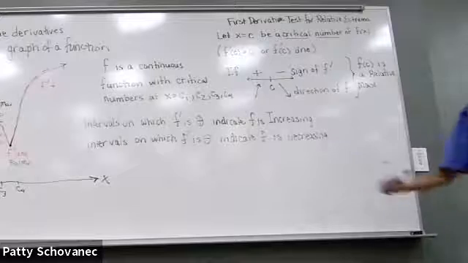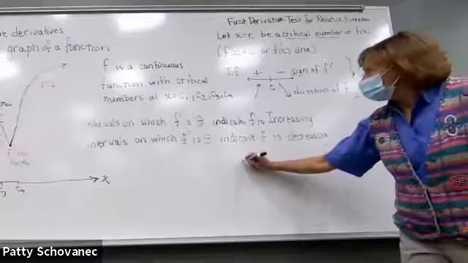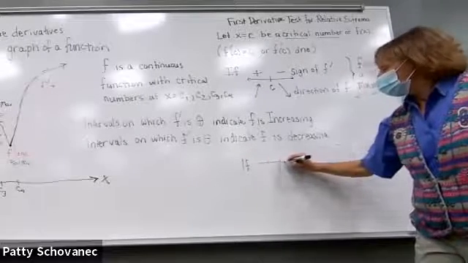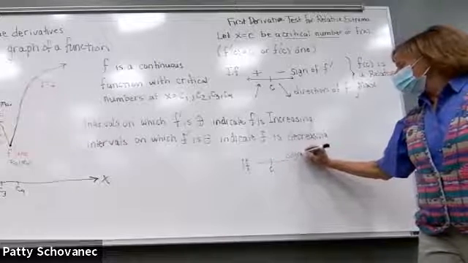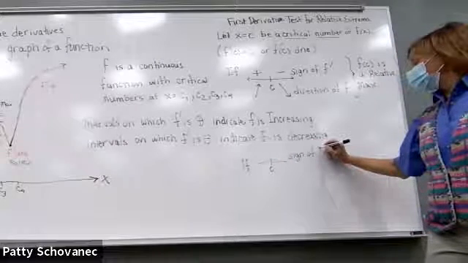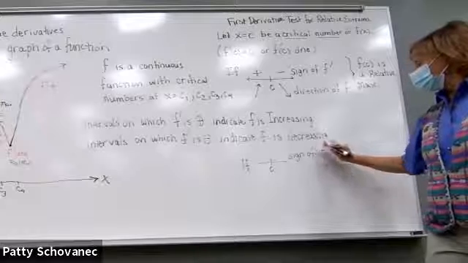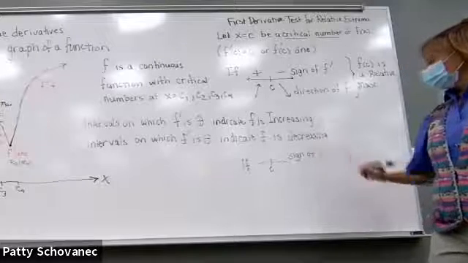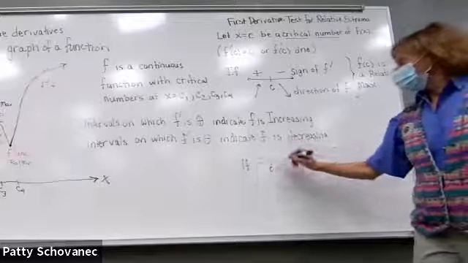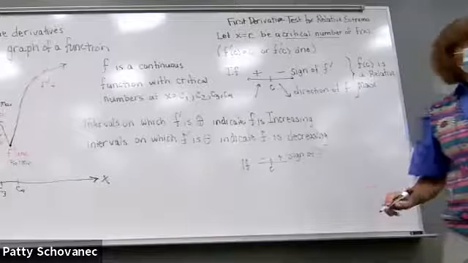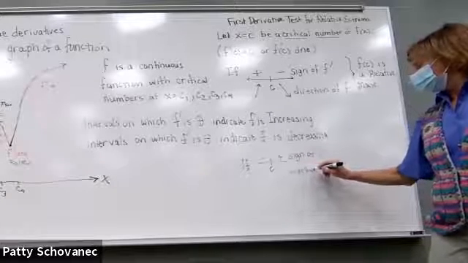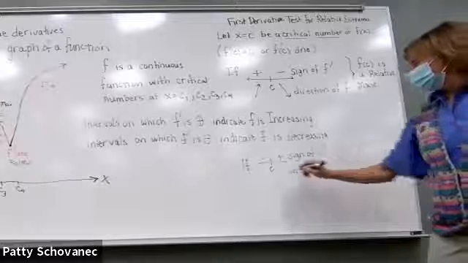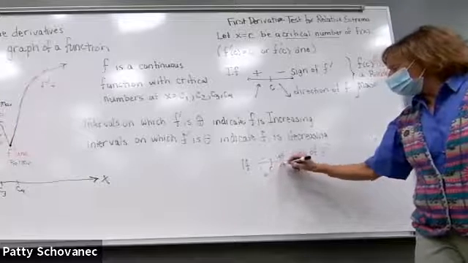Let me see if I can squeeze it down here. If, when I put my critical number here, the sign of f prime goes negative to positive, then the direction of the graph goes down followed by up.